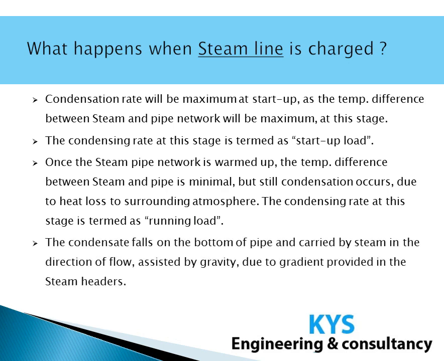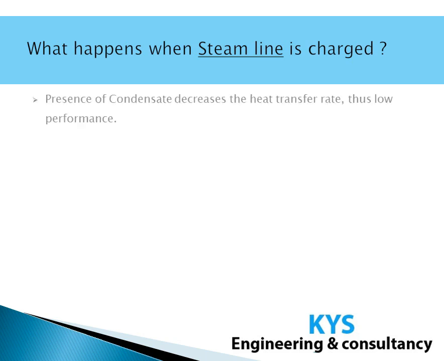The formed condensate falls on the bottom of the pipe and is accelerated by steam in the direction of flow, assisted by gravity due to the gradient provided in the steam line. Presence of condensate decreases the heat transfer rate due to reduced thermal conductivity.